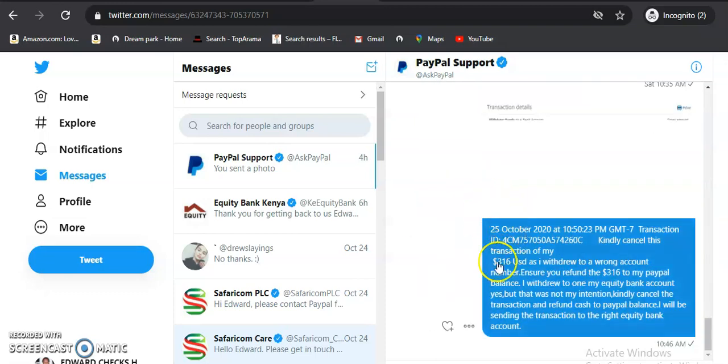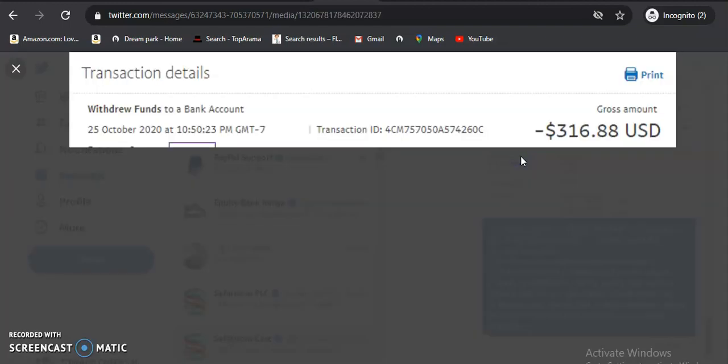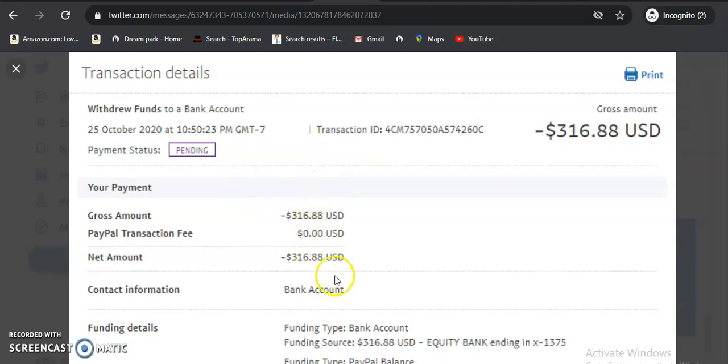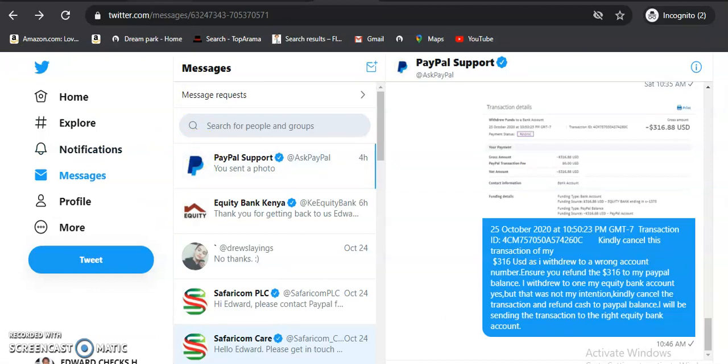I even sent them a screenshot with all the details of the transaction number. The status was pending. I wanted to cancel this transaction since I had transacted to the wrong Equity bank account ending with 1375. I had confused one number.